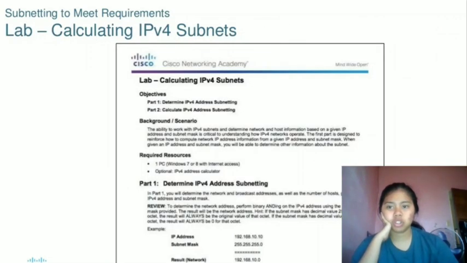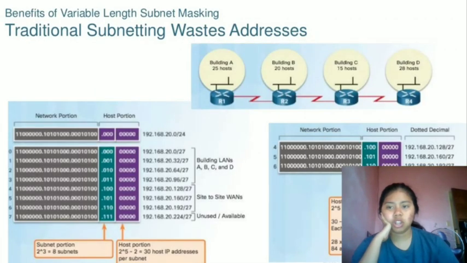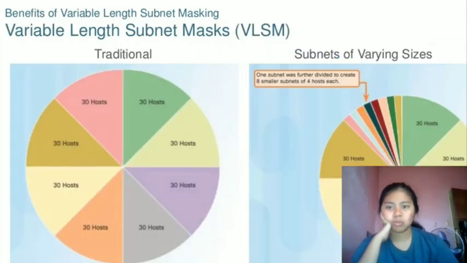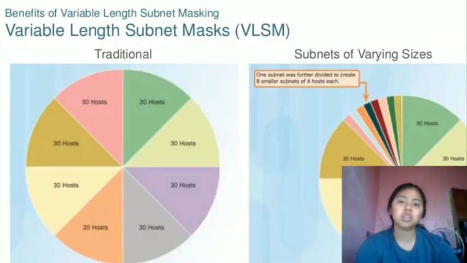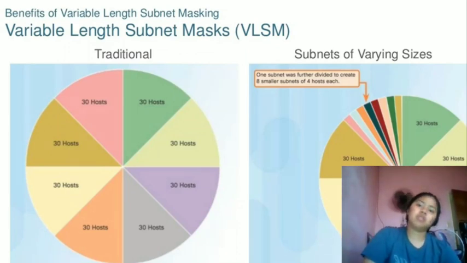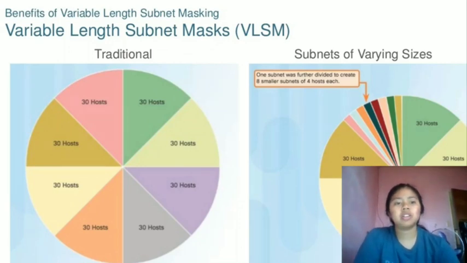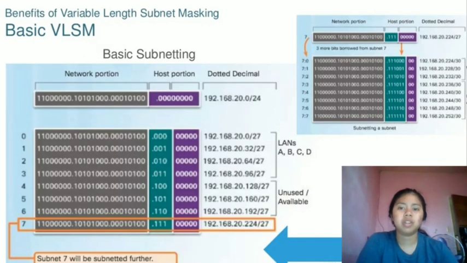Continuation. Traditional subnetting with addresses. So that's the example. This would be the traditional variable length subnet mask, or VLSM, with subnets of varying sizes.